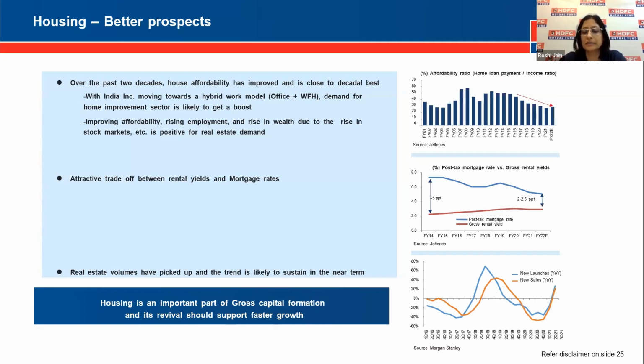You will see that launch activity had also come off as the sector was readjusting to several of these reforms in the real estate space, and therefore today inventory issue is not such a big concern. And as we start to see the launch activity pick up, that will also be a contributor to investment growth as well as to GDP growth.